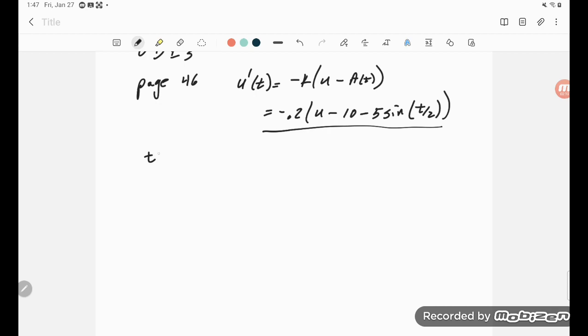So if I have a t and a u, this is a lot like your usual t-chart to just plot a function, but here we're going to toss in u prime.